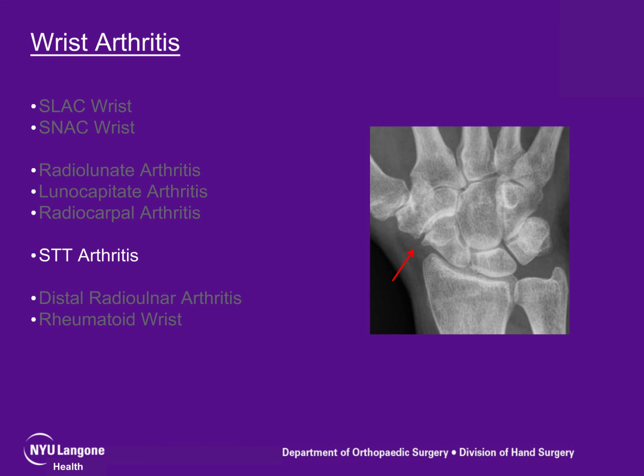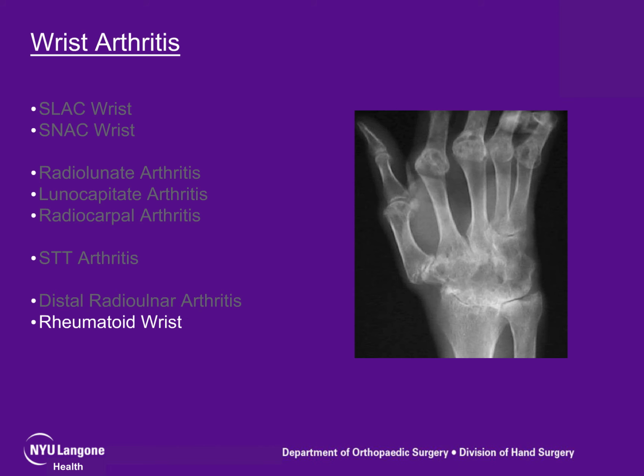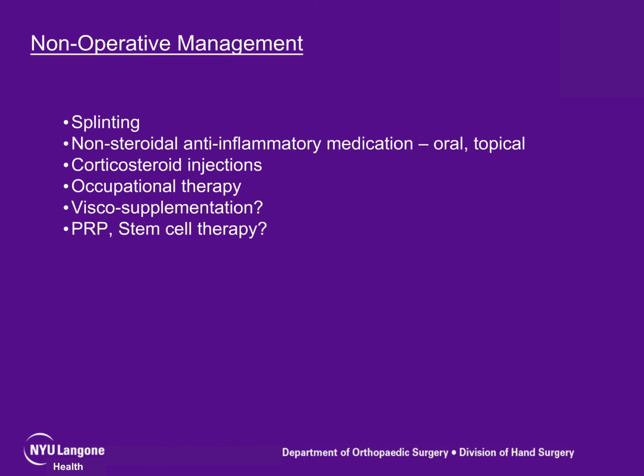STT arthritis is most often seen in conjunction with basal joint arthritis, but any practicing hand surgeon will start to encounter isolated STT arthritis. DRUJ arthritis is most often idiopathic, but can be the result of injuries as well, affecting the articular congruency of the distal radioulnar joint. And rheumatoid arthritis, which we will not have the time to discuss in depth.